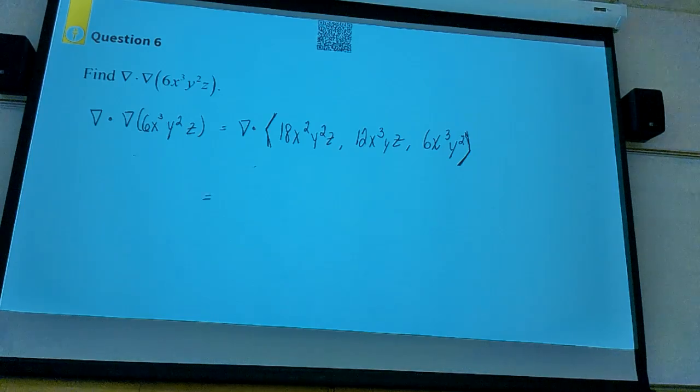And then divergence. So partial x is the first. Partial y is the second. And then partial z of the third. We don't need that plus 0. But that's what we would have.